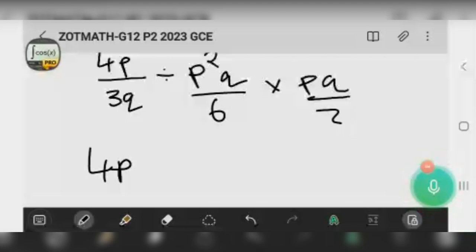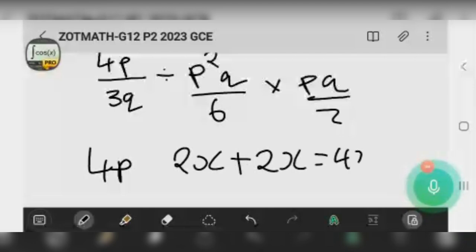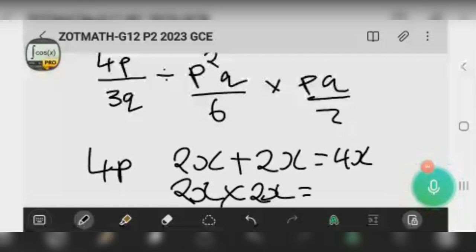So when you say 2x plus 2x, you are getting 4x, right? But when you say 2x multiplied by 2x, what are you getting? 4x, just 4x? Are you sure?